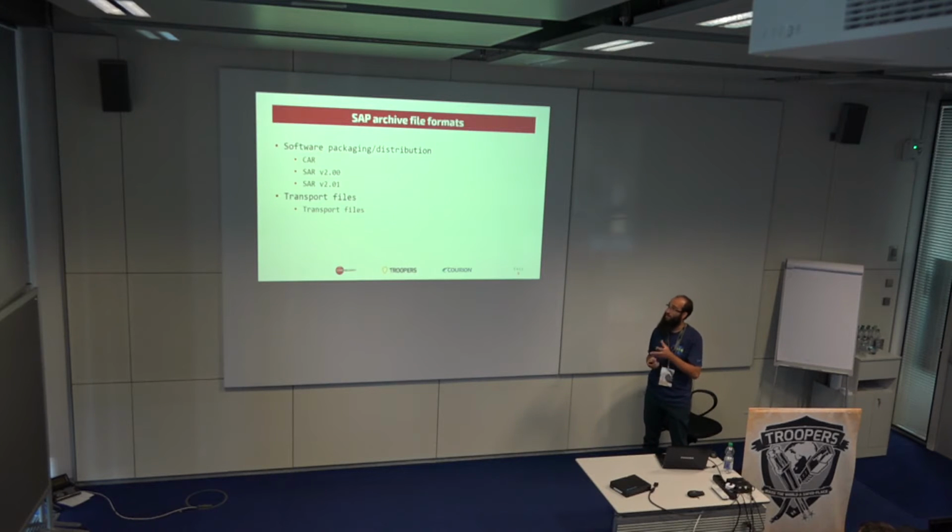So the format shares the same compression algorithm and some of the same principles of the archive files. The talk is not focused on the transport files, but mostly on the software packaging and distribution.